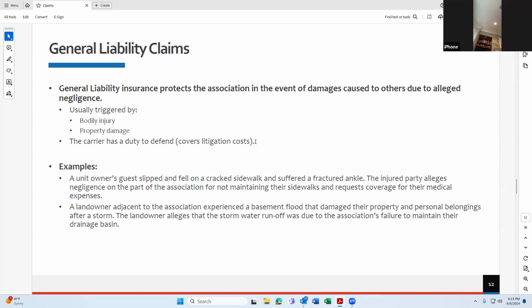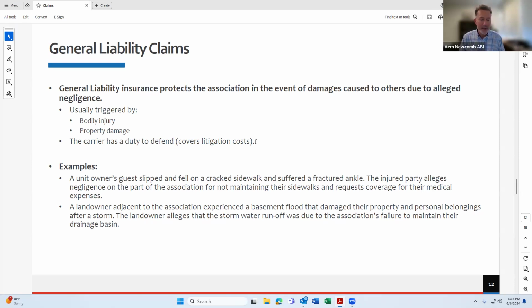That would fall under property damage claims. Whereas if the association wasn't aware that the tree needed to come down, and a windstorm knocked it over, then that typically would not be a liability issue. It's what they call an act of God. So the association's policy would need to respond to that if it damaged someone else's property.